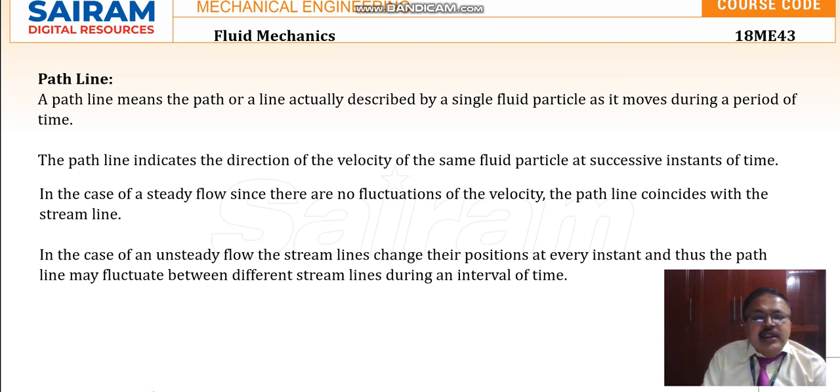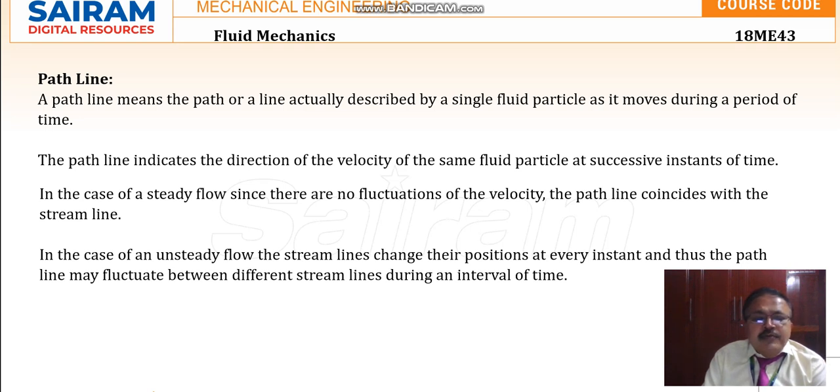When there is steady flow, that means no fluctuation in the velocity, the path line will coincide with the streamline. In case of unsteady flow, the streamlines change their positions at every instant because the velocity keeps on changing.